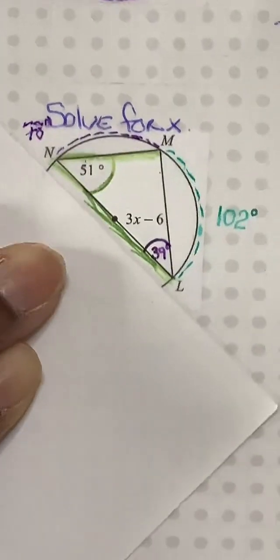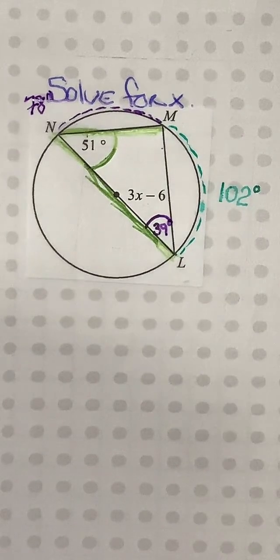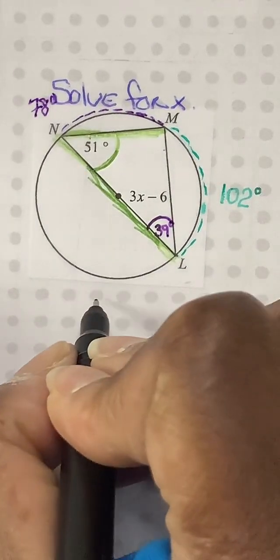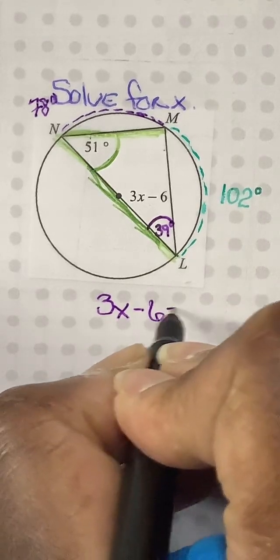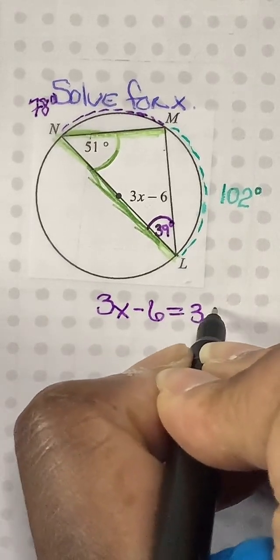So now we have 3x minus 6 is equal to 39.